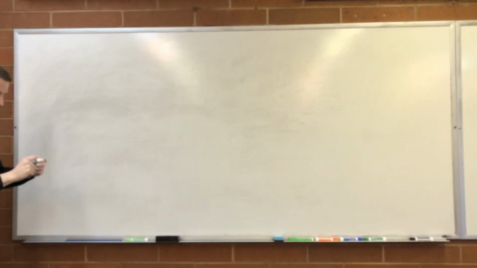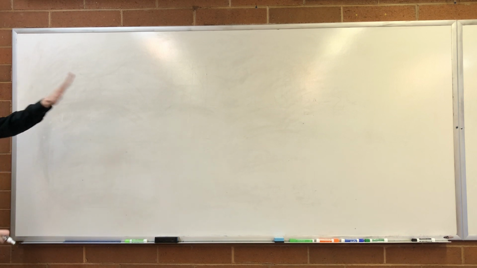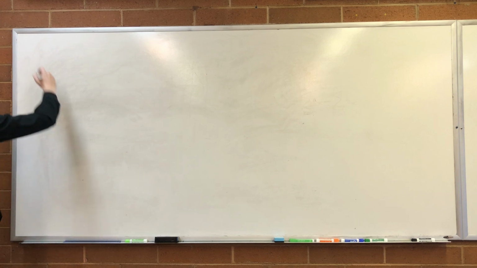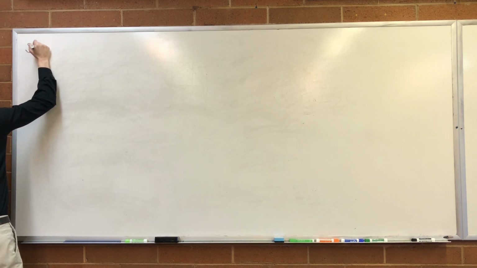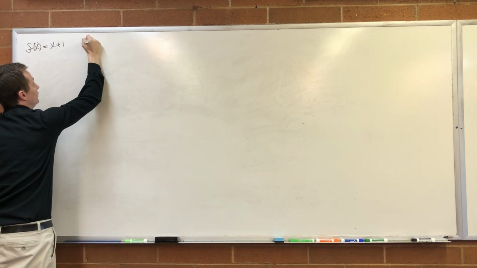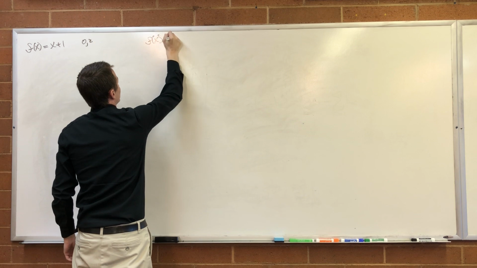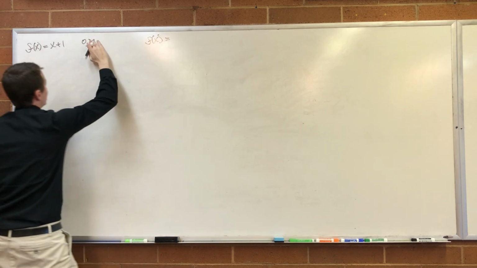Let me give a concrete example that we'll do, and then we'll do two concrete examples, and we'll do the generic one over there. So we'll do the concrete example, something like f of x is equal to x plus 1, and we'll do this between 0 and 2. We'll do something like f of x is equal to, maybe we'll do this between 0 and 3.